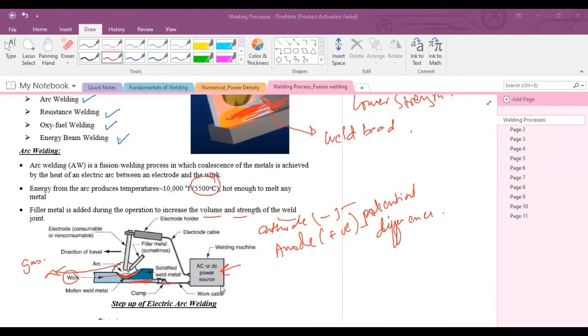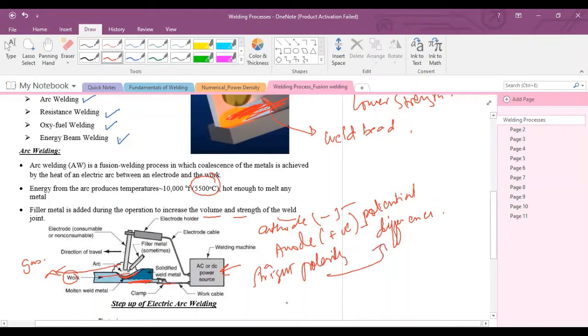In reverse polarity, the negative terminal is connected to the workpiece and the positive terminal is connected to the electrode. It could be done in reverse or straight polarity. Straight polarity means this potential difference, and reverse polarity.